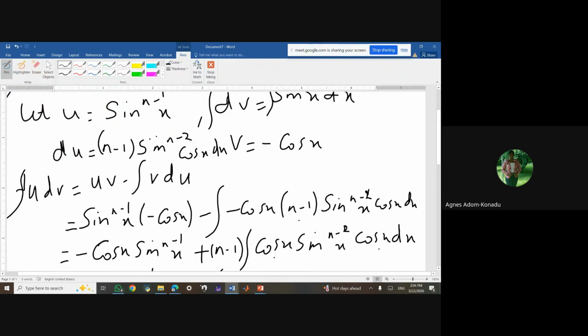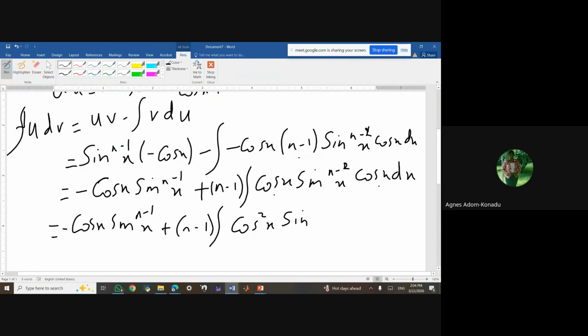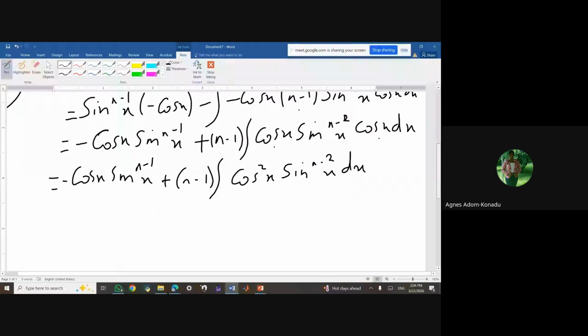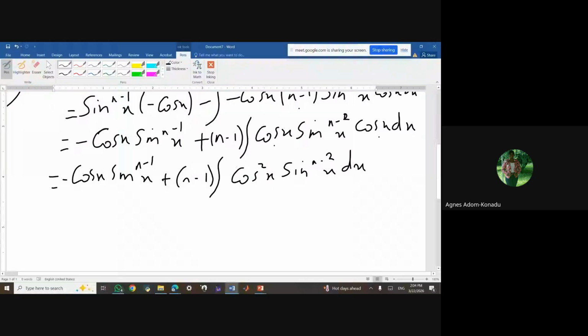So sine n minus 2 x dx. I want to repeat the first one, which is minus cos x sine n minus 1 x plus n minus 1 integral of. But remember that cos squared is the same as 1 minus sine squared x. Is it true?